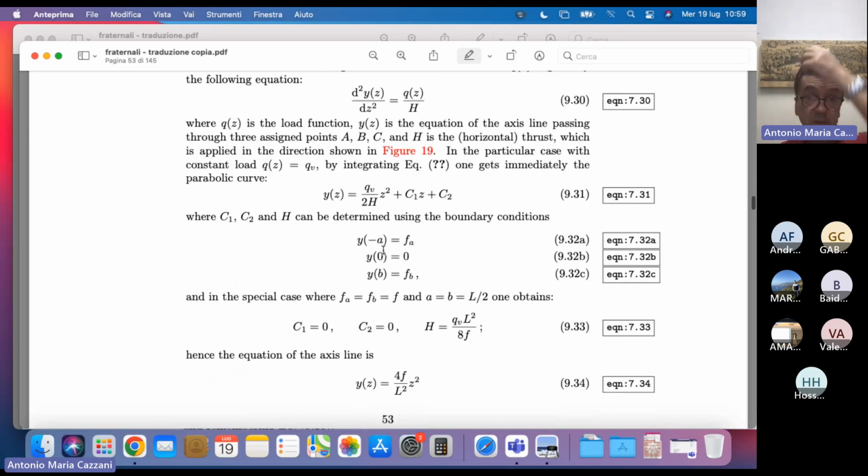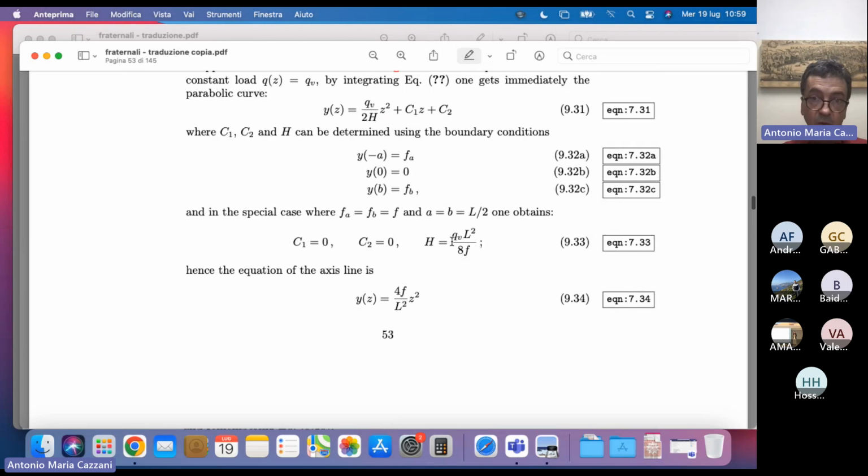And in the particular case where the arch is symmetric and the supports are at the same level, one can see that constants C1 and C2 get the value 0, and the thrust has this value. So when we know the thrust, we can see that the shape of the parabola is given by this system.